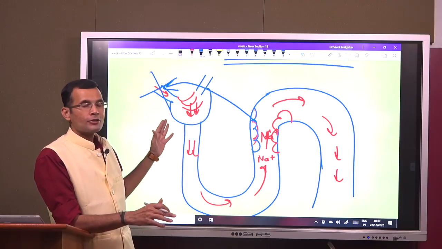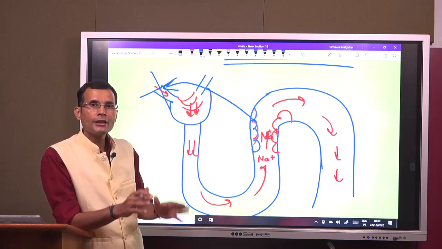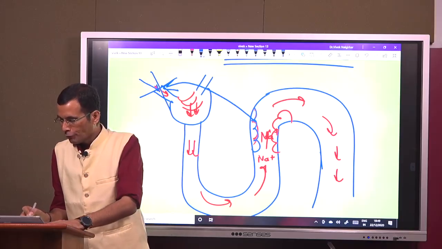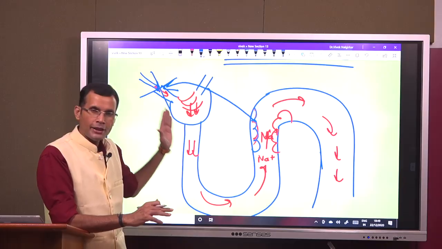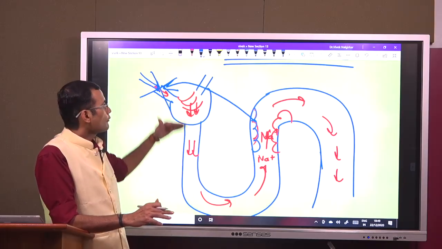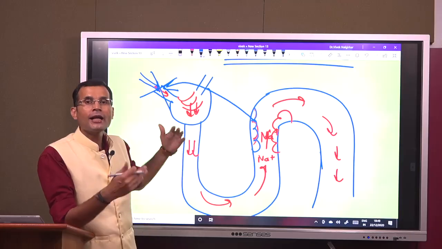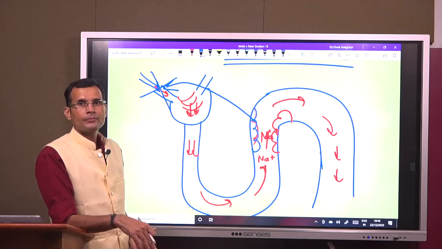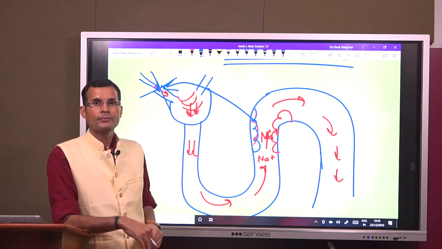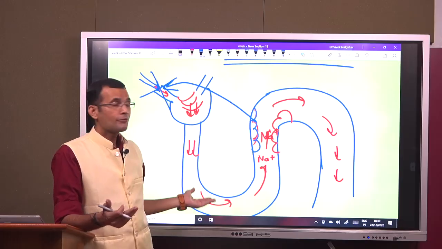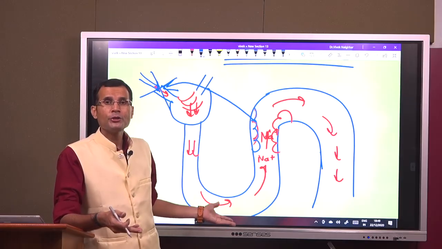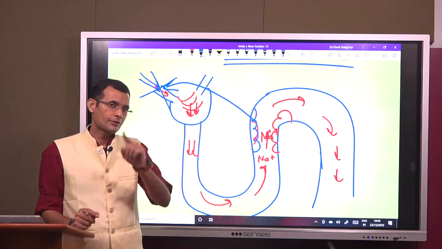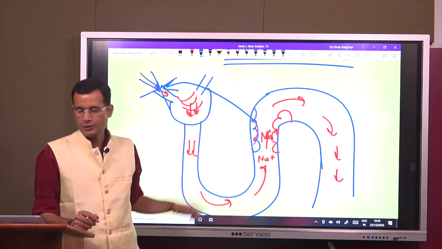Adenosine causing constriction of the afferent arteriole means blood flow to the glomerulus will decrease, and therefore GFR and sodium filtration will also decrease. That was the demand, because otherwise sodium was going to be lost into the urine. So adenosine is one important ligand for this.